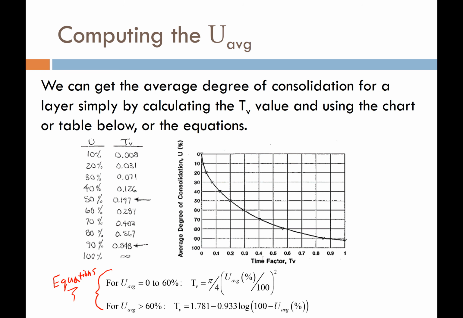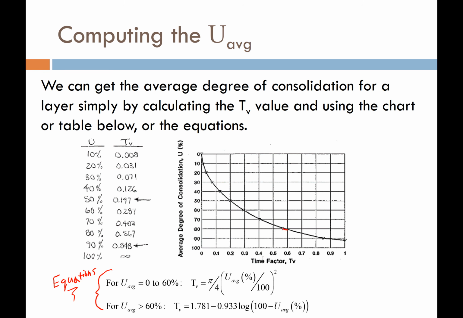So it has to be broken up into two separate equations. There's an equation for U average from 0 to 60%, and then from 60 to 100%. And that's just because there's no direct equation that can be used to solve Terzaghi's formula. Or we can plot this graphically.